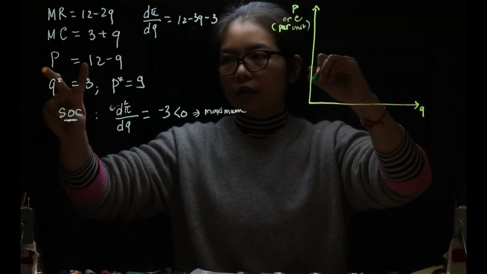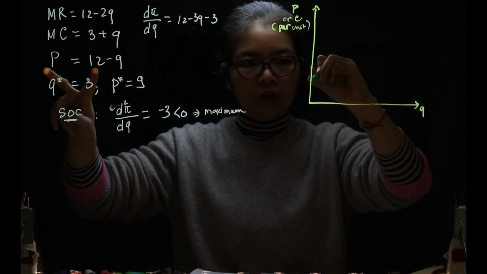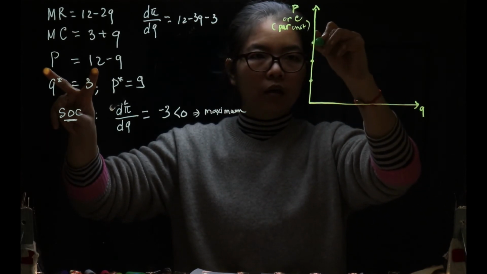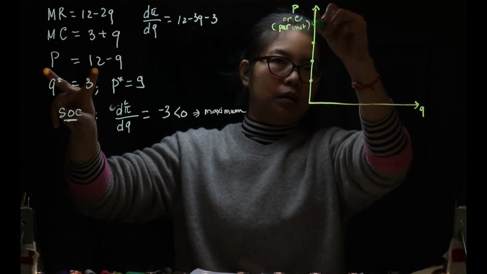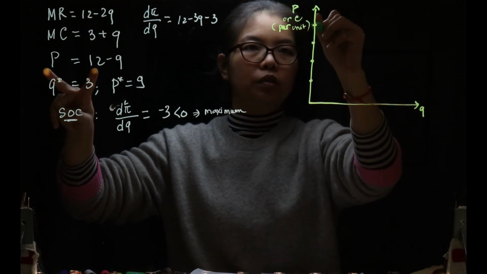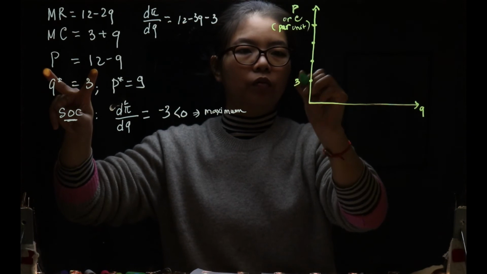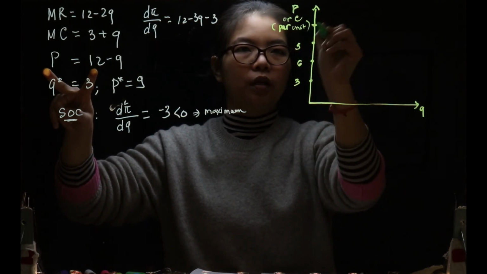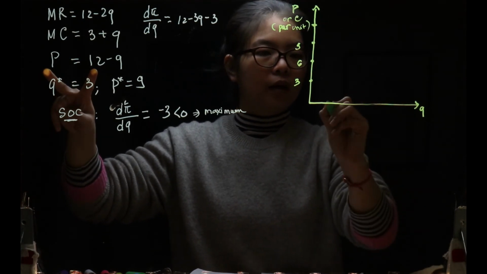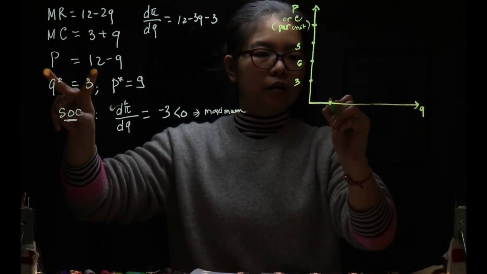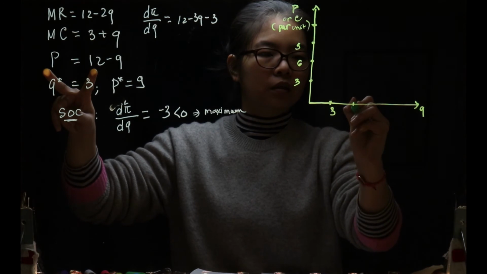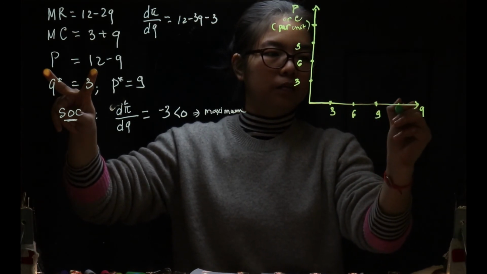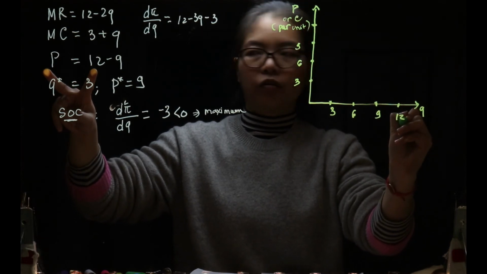So that is the intercept at 12. We need something like this. Okay, so that is 3, 6, 9, and here's 12. And then here, let's also mark 3, 6, 9, 12, right?